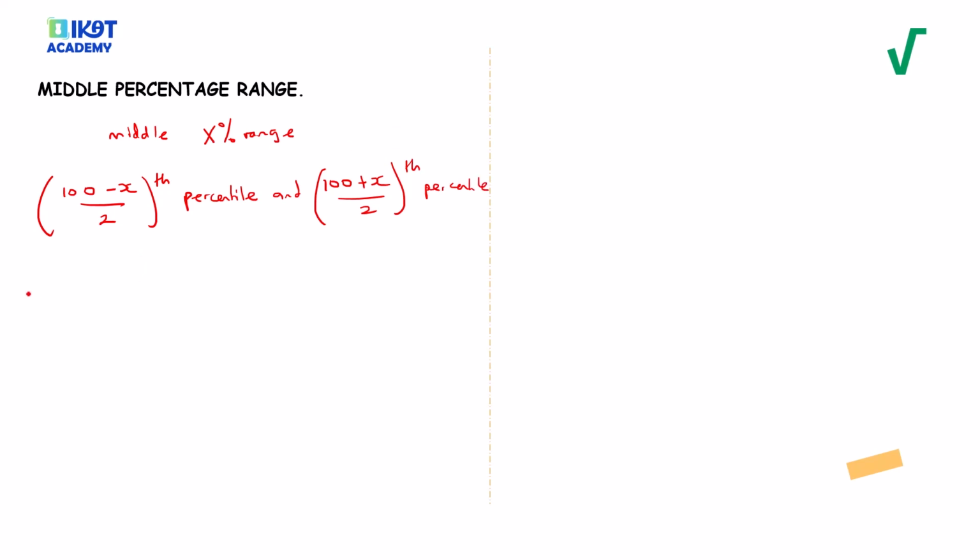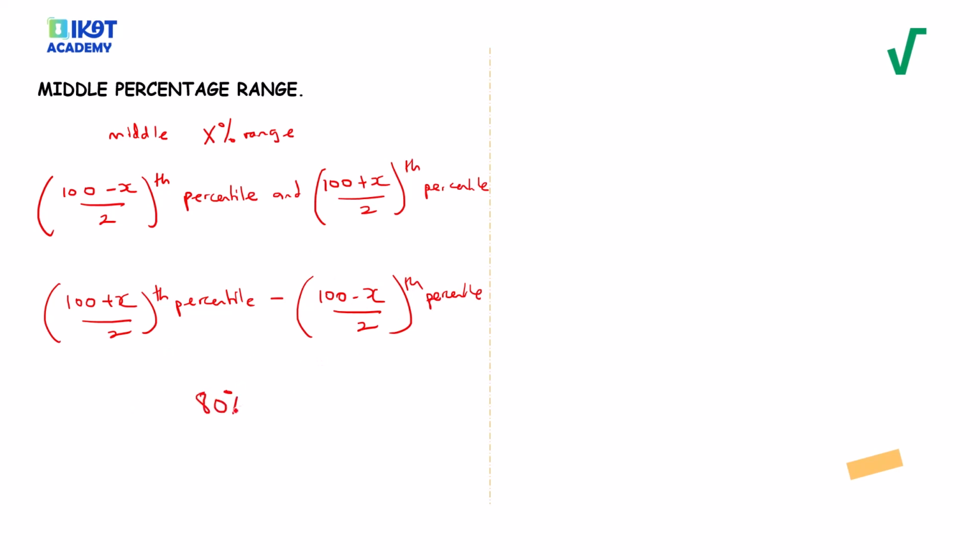Now for the range, we are going to subtract the 100 minus x out of 2 percentile from the 100 plus x out of 2 percentile.